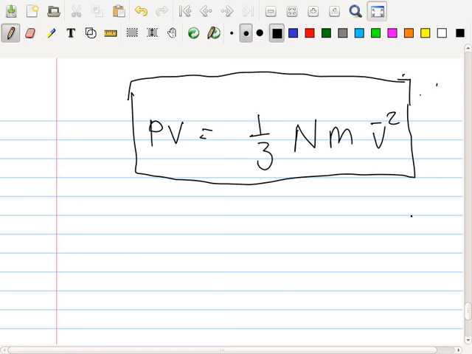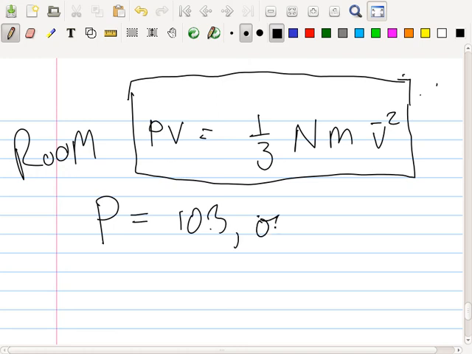Yes? Okay, let's go back to our example with the room. So what did we say P equals? Can you check your notes? No, with the air, with the room. Go back to the room now, the first one I did. 103 kilopascals, yeah? Okay, and what did we say the V was? 45?